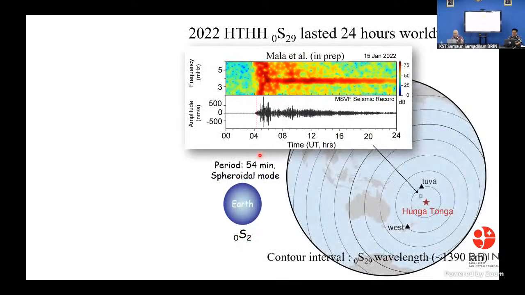Okay, so let's see the results. This eruption was so strong that it excited not only the atmospheric mode, but also a mode in the solid Earth. Solid Earth also has many different modes.